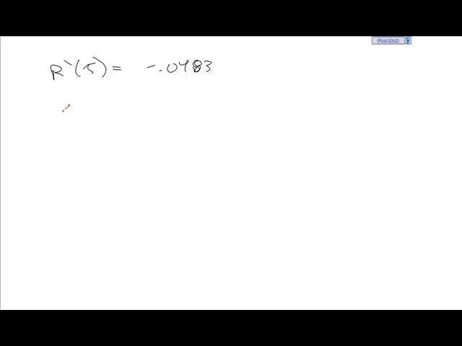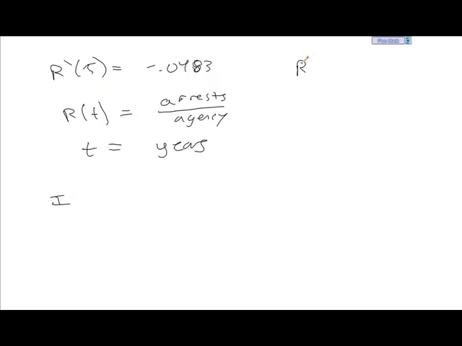Let's think about the units. r of t outputs arrests per agency. That itself appears to be a rate, but t represents years, and this is the year 2005. So our derivative's units would be arrests per agency per year. In other words, what's happening to our ratio of arrests to agency? Do we expect each agency to have more arrests next year or fewer?